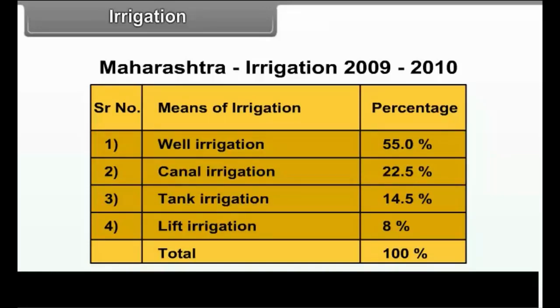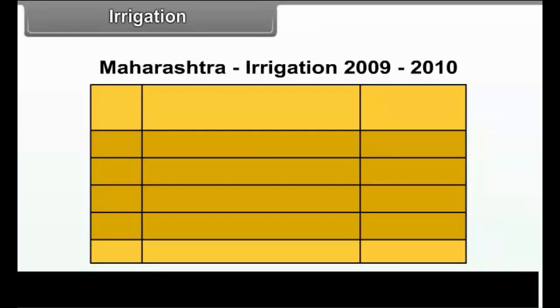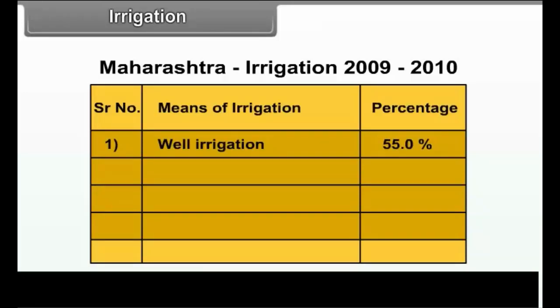Table number 2.1. Maharashtra, irrigation 2009 to 2010. Number 1. Means of irrigation, well irrigation, percentage 55.0. Number 2, canal irrigation, percentage 22.5.